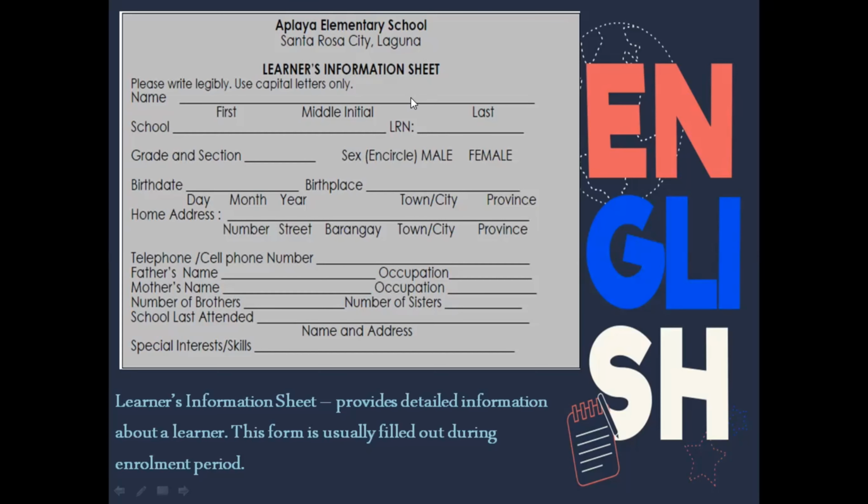So this learner's information sheet asks for your name. It includes your first name, your middle initial, and your last name or your family name or your surname.